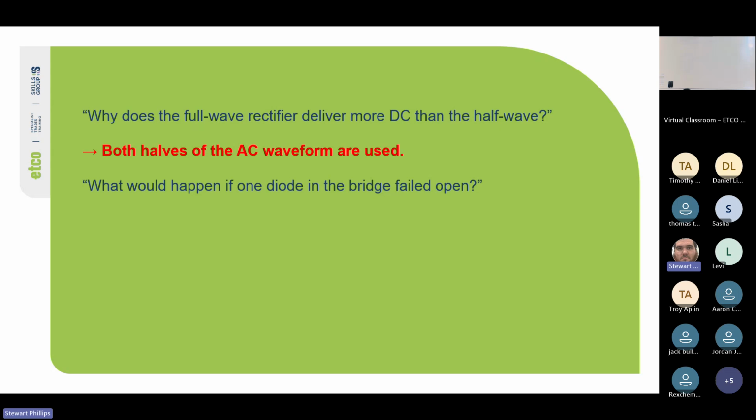So what would happen if one diode in the bridge failed open? One diode out of the four becomes open circuit, blows up.